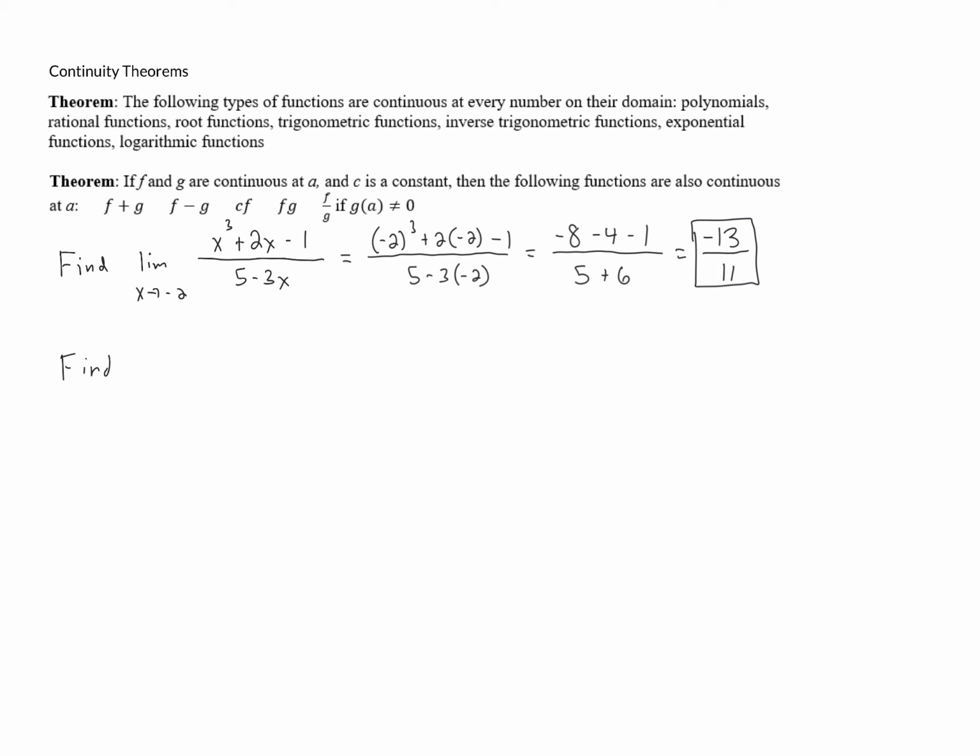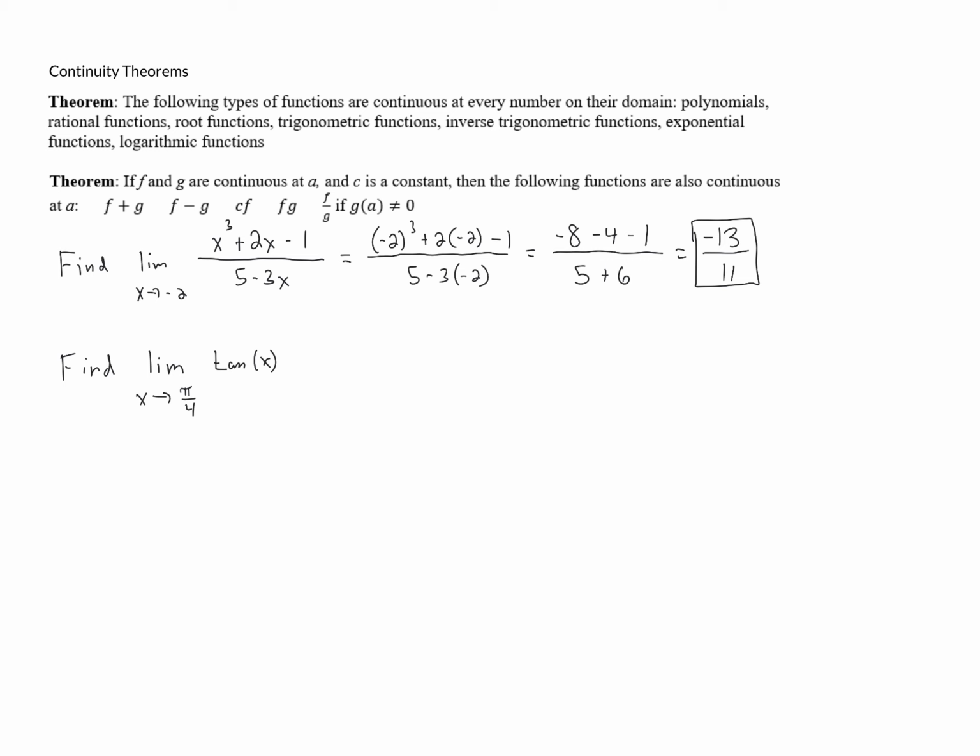Let's look at another example. This next one will ask us to find the limit as x approaches pi/4 of tangent of x. Now, tangent of x is a trigonometric function, so it is continuous on its domain, and pi over 4 is in the domain of tangent.